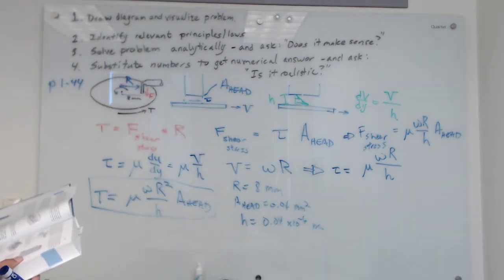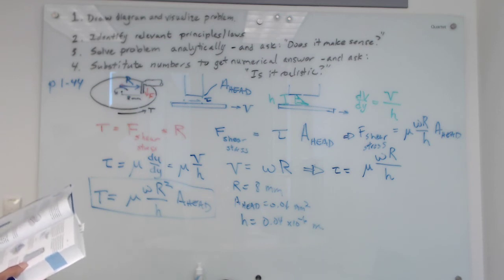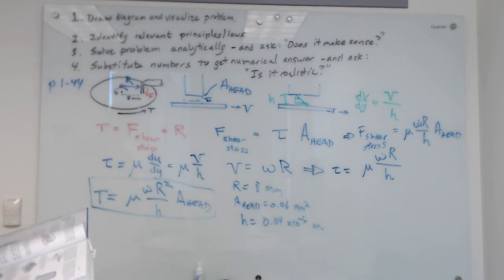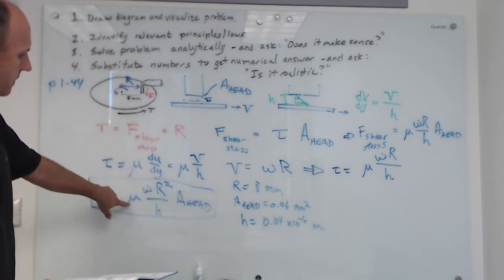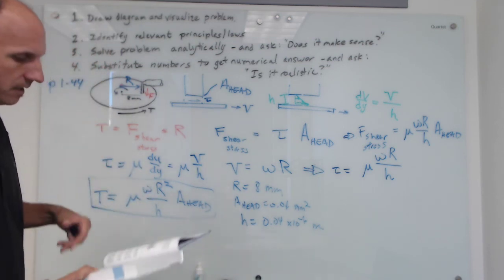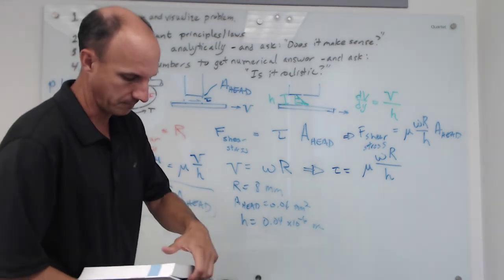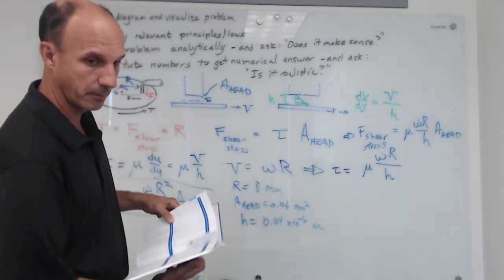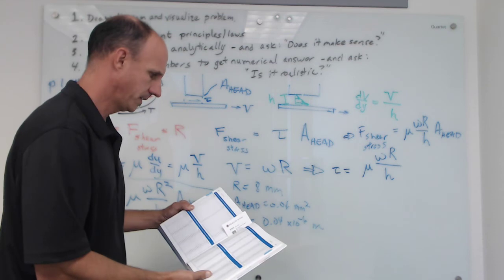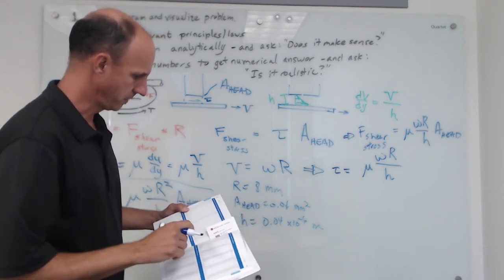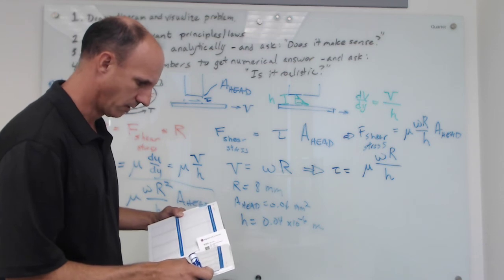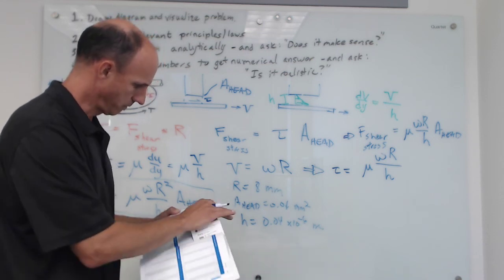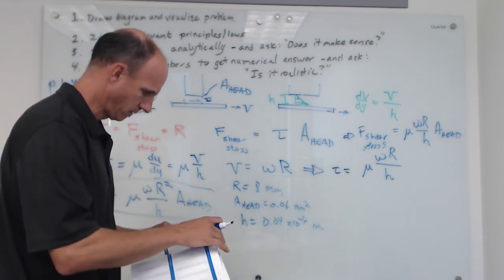And the last thing we're told is that the air is at standard atmospheric pressure and a temperature of 20 degrees Celsius. So that information helps us get the viscosity of air. In order to do that, we go to the back of the book, and we pull up our table with fluid properties, properties of air at different temperatures.